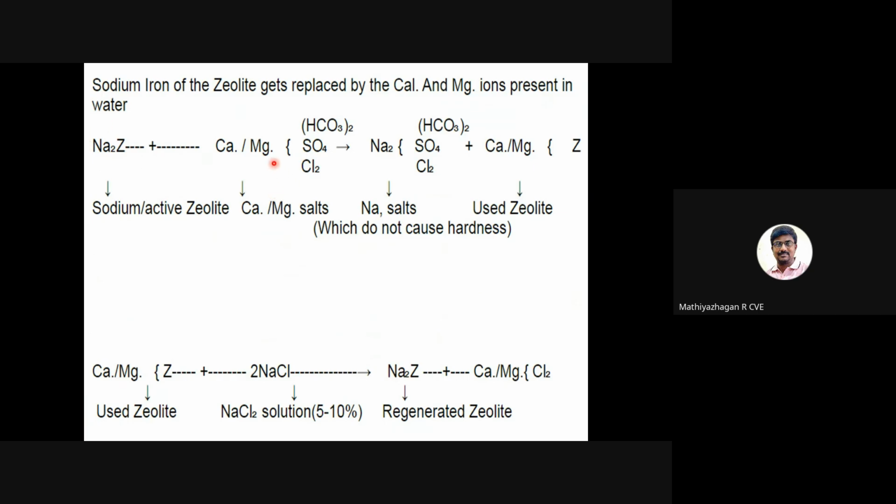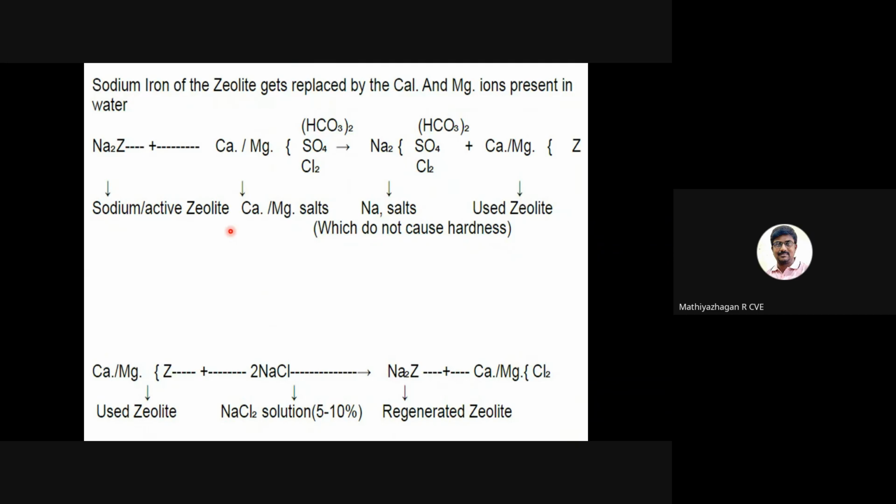It replaces all the calcium and magnesium salts with calcium magnesium zeolite, and the water contains sodium carbonate, sulfate, and chloride salts. These kinds of salts do not come under hardness, and do not create any hardness.